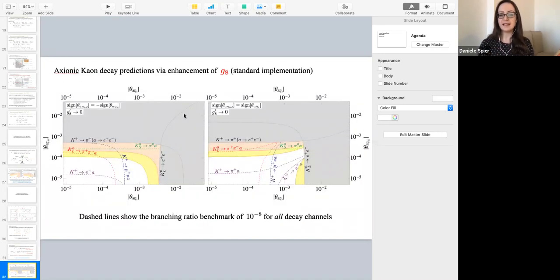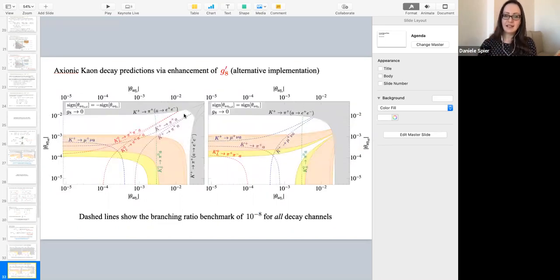And what I'm saying is, okay, all of these things are assumptions and they might not hold. And the reason why I'm saying this so forcefully is that if I alternatively implement octet enhancement in Kaon decays via enhancement of this operator G8 prime, then you can see how much parameter space opens up here that is not excluded by Kaon decays.